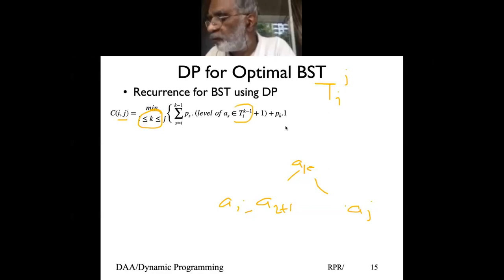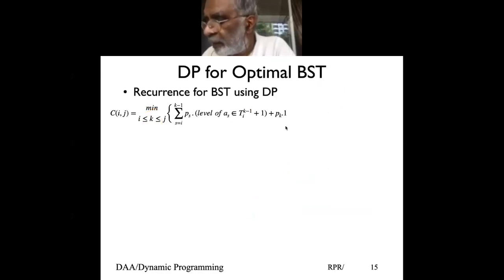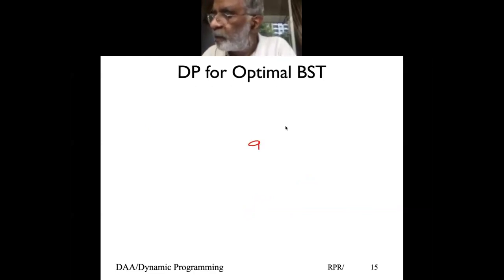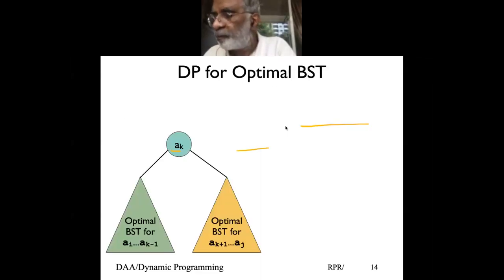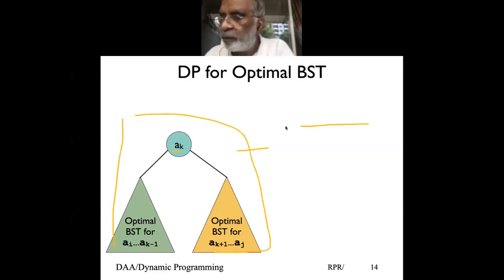and look at all the trees in the subtree. If you look at my tree, let's say this is my optimal tree AK, or let me go back previously. If you look at this diagram, if this is my AK, and this whole tree is Tij, and we know AK is the root, so I will have keys AI to AK minus 1.